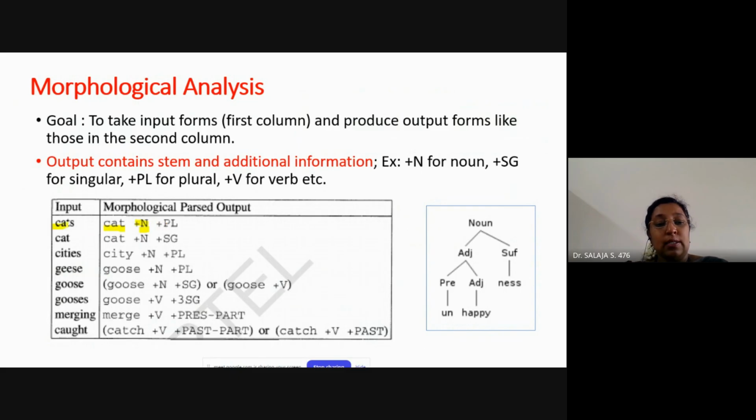Here cat is the morpheme, which is a noun, and cats talks about a plural. Here, for cat, you talk about noun and singular, noun and plural, so on and so forth. Now, here you have goose, so it has two outputs. Either it can fit in with goose, which is a noun, or goose, which is a verb. And so it gives you all such kinds of outputs.